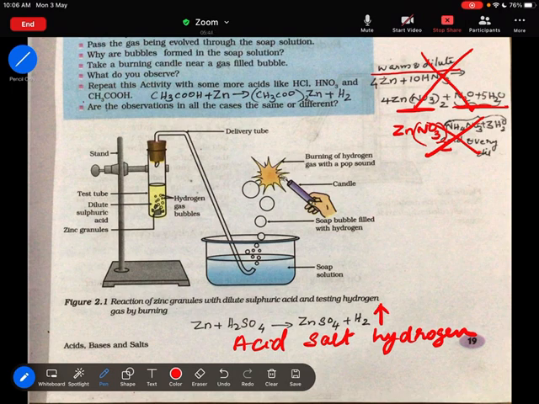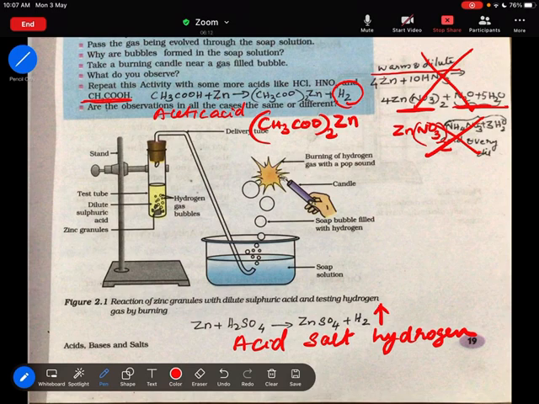But with CH3COOH, you will be getting hydrogen gas. That is acetic acid. CH3COOH is acetic acid. We call it vinegar. Vinegar on reaction with zinc metal, you will be getting (CH3COO)2Zn.